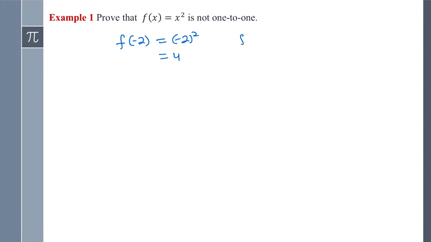Now if I find f of 2, again that is 2 squared and gives me 4. I took two different inputs, -2 and +2, but the output was the same. That means this function is not one-to-one. So this proves that it is not a one-to-one function.